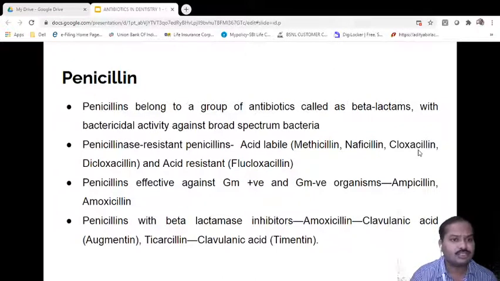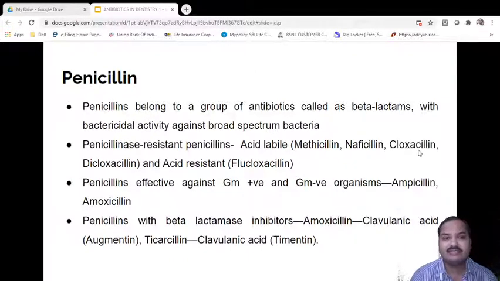Now with the advent of penicillin, the bacteria also developed resistance against the various aspects where the penicillins usually had their effect.